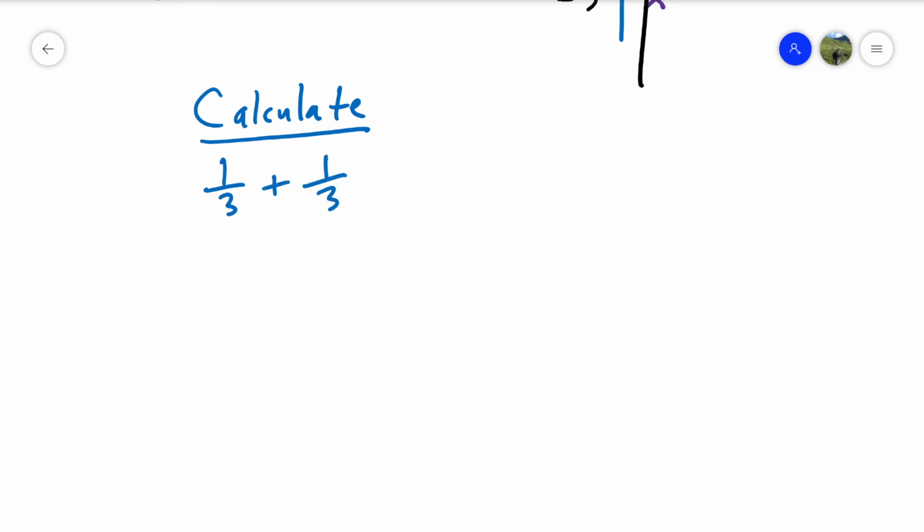Next question. Got some more calculates here. I'll let you know when I've written them all down because there's a few. Obviously, you can get going straight away.